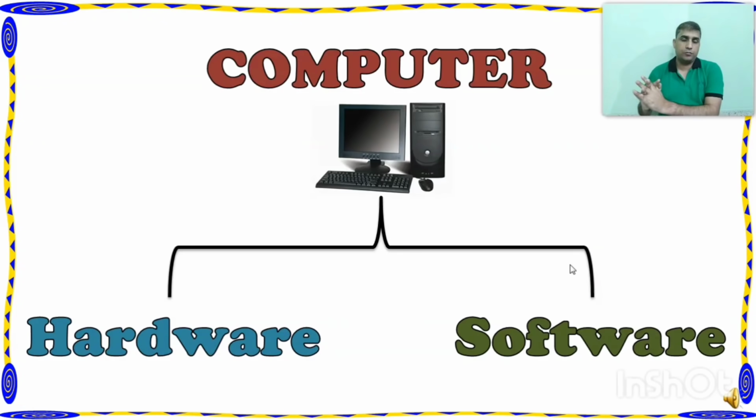Hardware and software. Just like if I'm talking about a human body or a person. A human being is made up of two parts: the body and the personality. We all have the same body. We have the same number of lungs. We have eyes, ears, body parts are almost the same. But what makes us different is our different personalities.